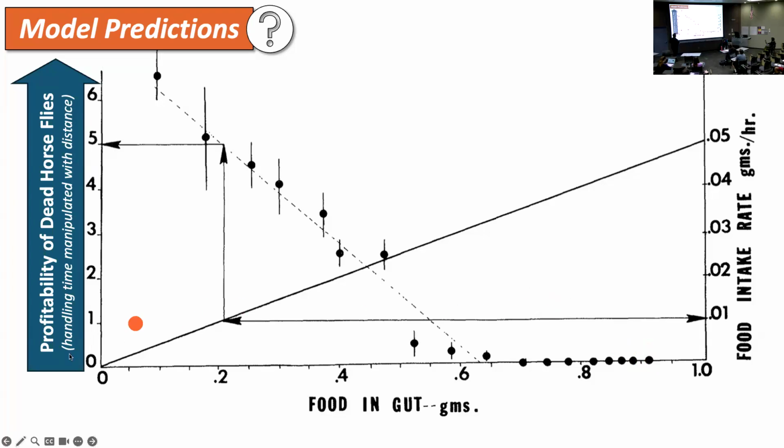So you can plot food in gut here, and then you know how long it has taken the mantid to ingest that food. So you can calculate the rate from this whole experiment, how much food is getting into the mantid. And you can say, oh, it's so many grams per minute.